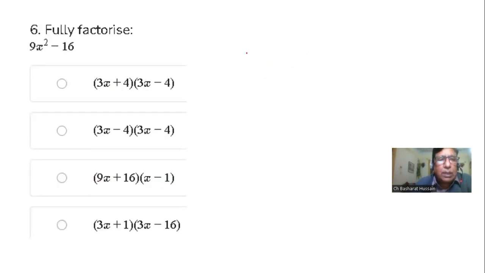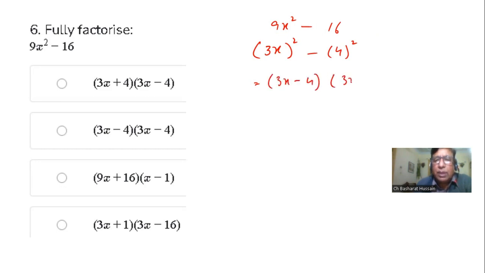Now I think this is the last. So 9x square and 16 is a difference of two squares. This is 4 square. So 3x minus 4 and 3x plus 4. This is the false one.